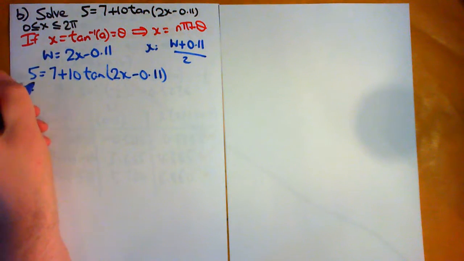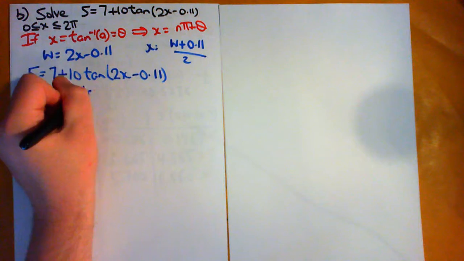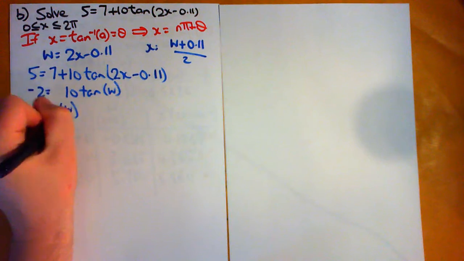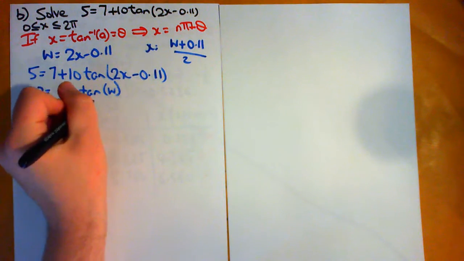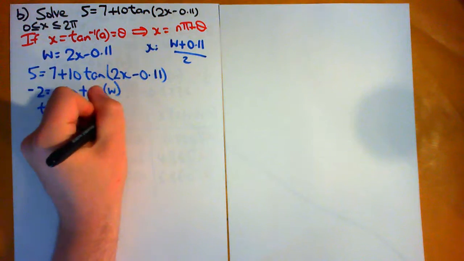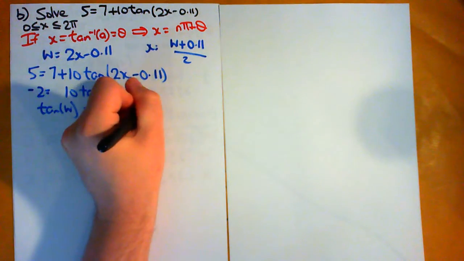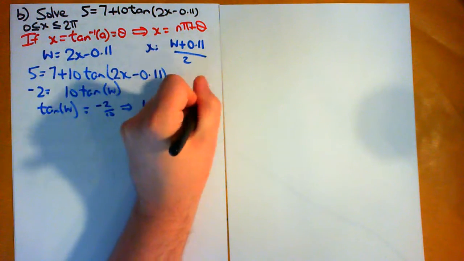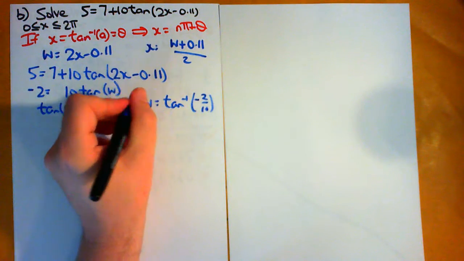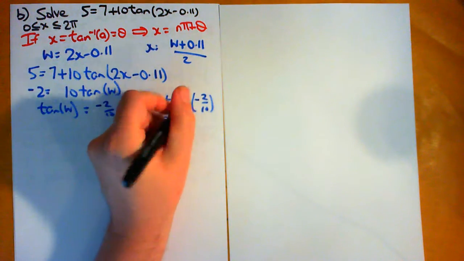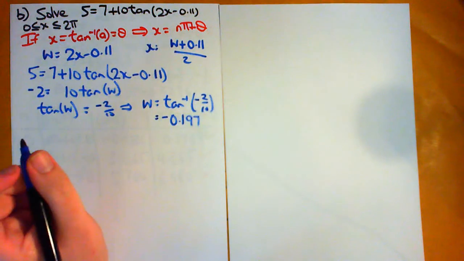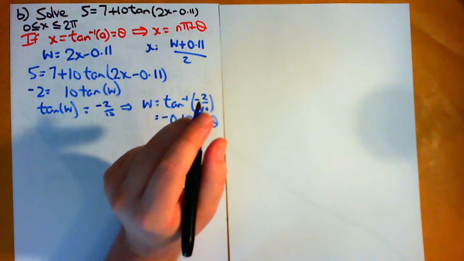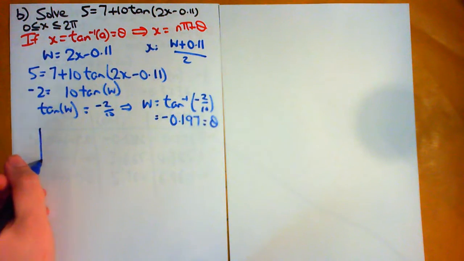So therefore negative 2 equals 10 tan, let's switch to w, so therefore tan of w is going to be negative 2 over 10, so therefore w is tan inverse of negative 2 over 10, and if we calculate that we get an answer of negative 0.197. So that is our value of theta. So we have theta.